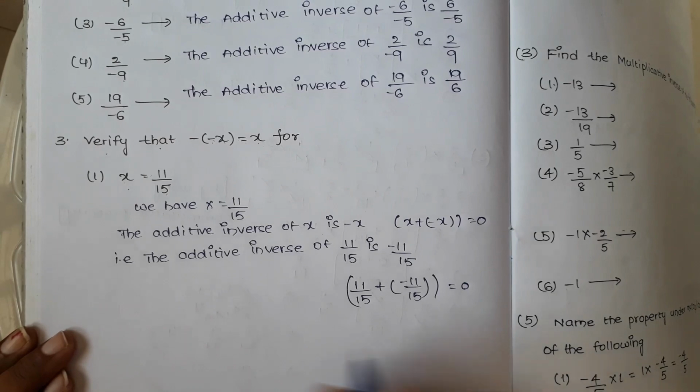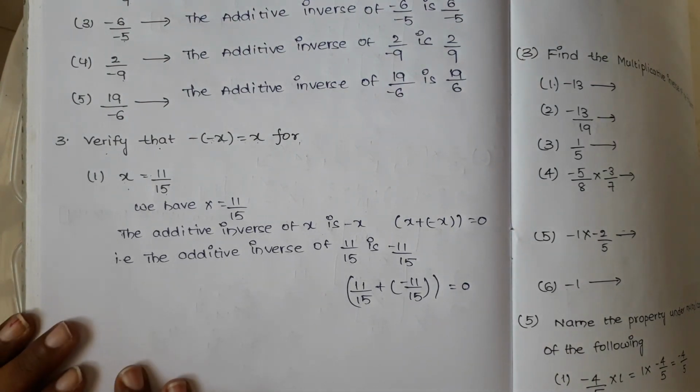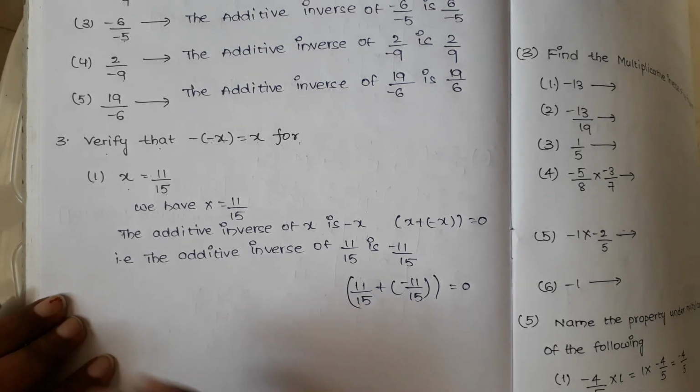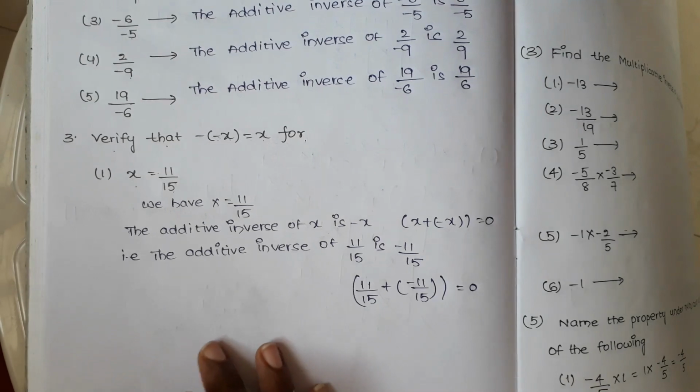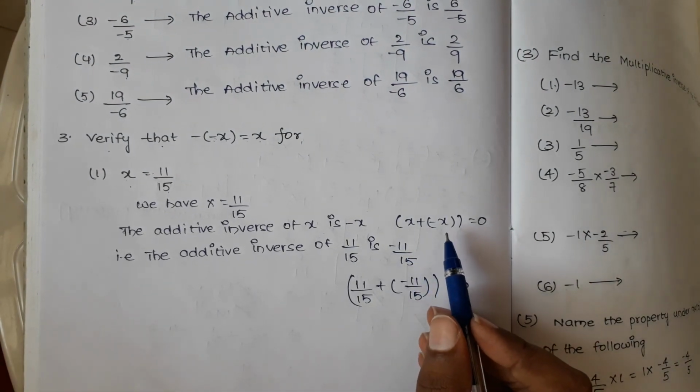Additive inverse is nothing but that the sum of a number with its negative number is 0.